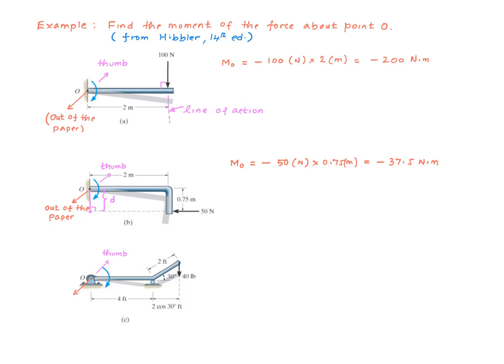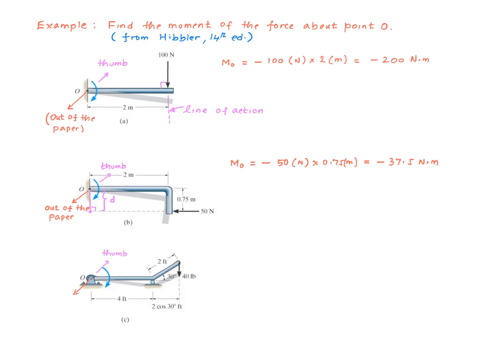Here's our third case, and just as in the first two cases, we have a clockwise moment, and therefore the moment is negative. The line of action of the force is this, and therefore we need this distance, right? This is the perpendicular distance to the line of action of the force, and this part is not given, and therefore we're going to have to figure that out.